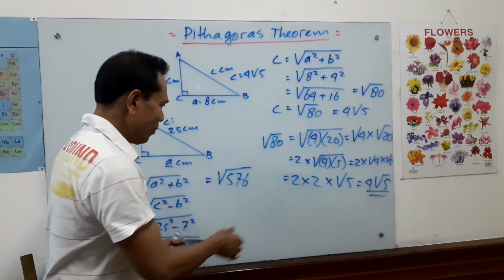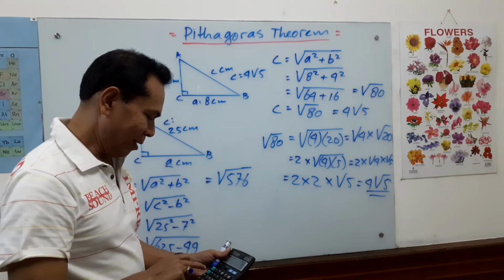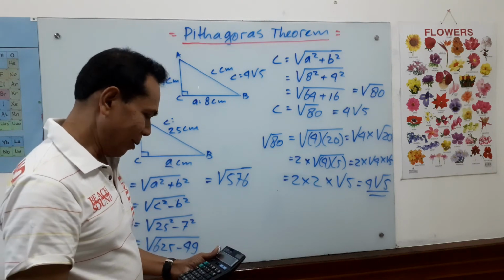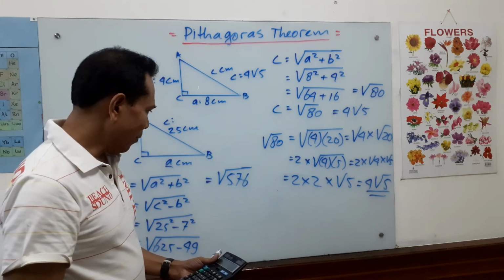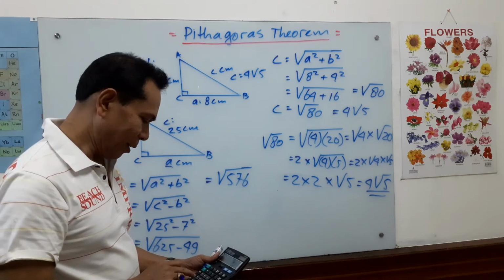We have small space here, so we just put here the square root of 576.